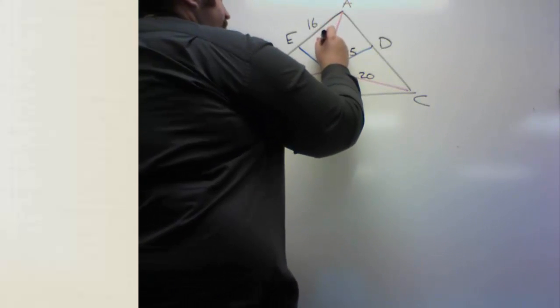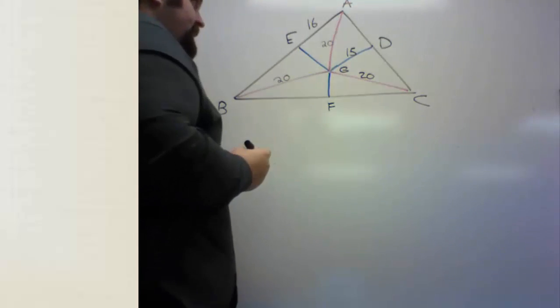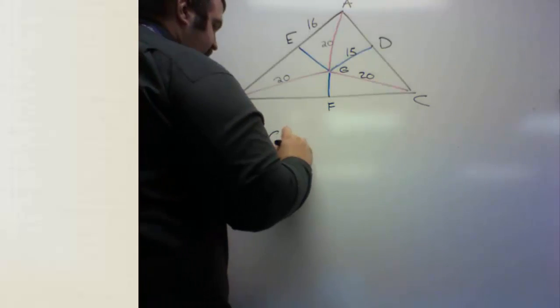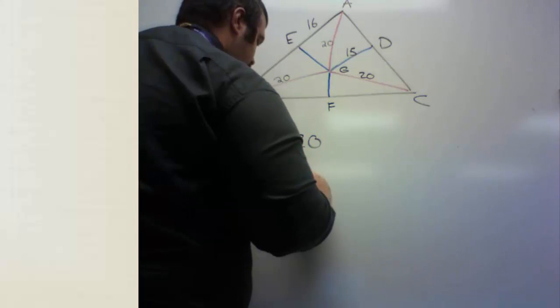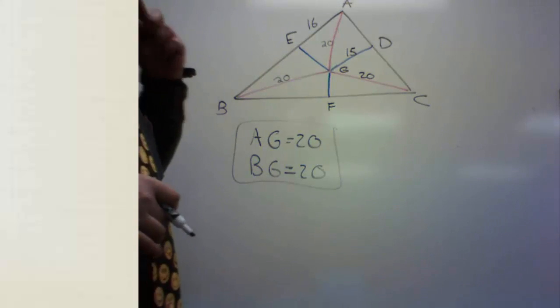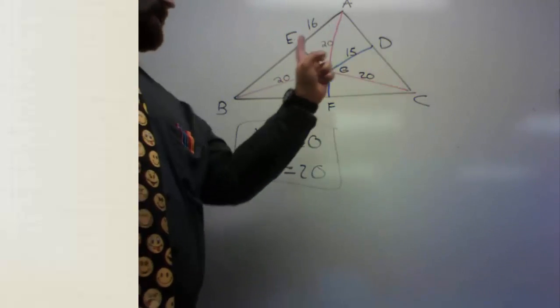So I automatically know this has to be 20, and this has to be 20. And oh, that's actually two of my answers. AG has to be 20, and length of segment BG has to be 20. Just as simple as knowing that the circumcenter has to be the same distance from A as it is from C as it is from B.